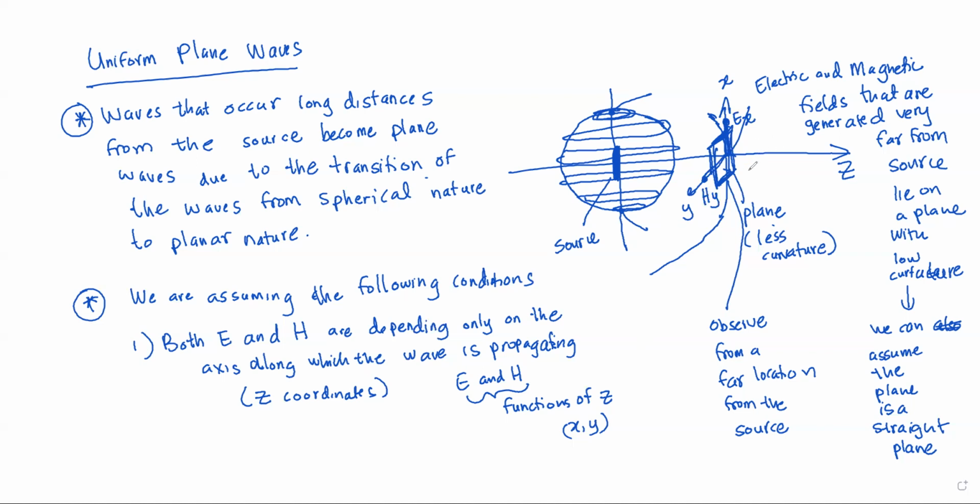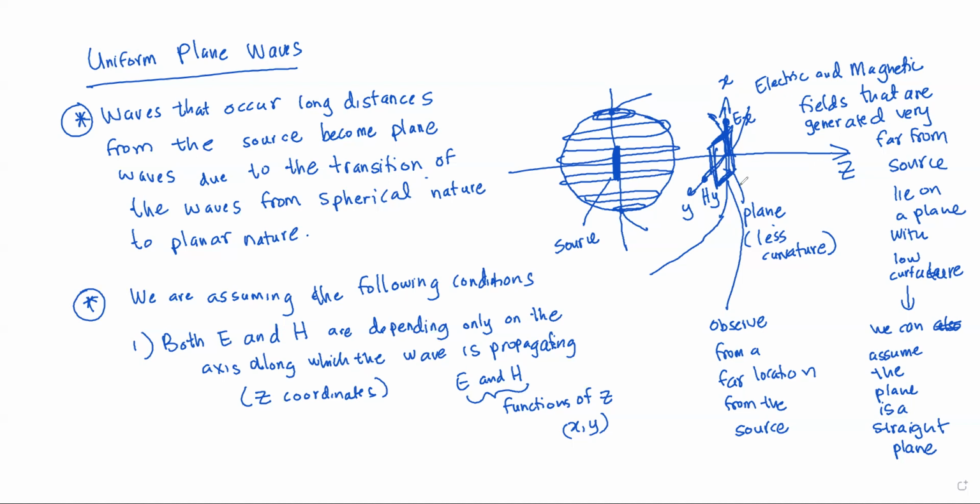If the electric field and magnetic field are created with a certain direction and amplitude on this plane, the amplitudes will not change on that plane. Therefore, this assumption says that the electric field and magnetic field do not depend on the X and Y coordinates, but they will depend on Z because the wave is moving along Z.